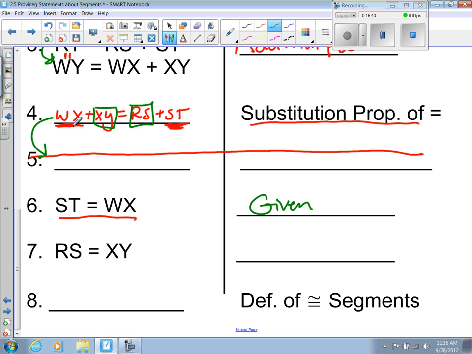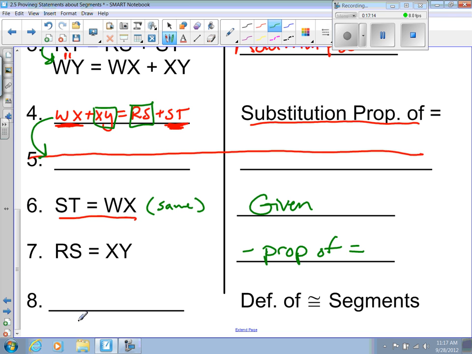Well, if these things are equal to each other, I can subtract those. Okay, the subtraction property of equality. Subtraction property of equality says I can subtract the same thing from both sides. Well, WX and ST, they're the same, right? So I'm subtracting those from both sides of this equation up here in line 4 to get that RS equals XY.